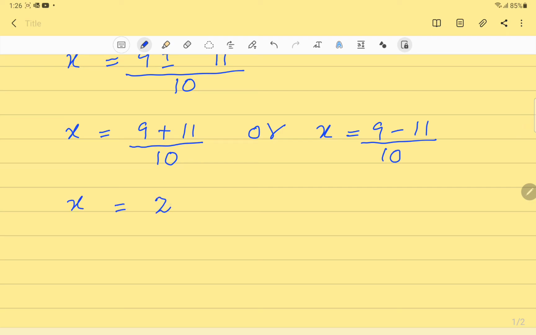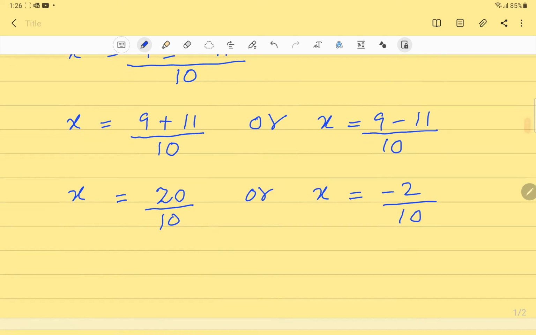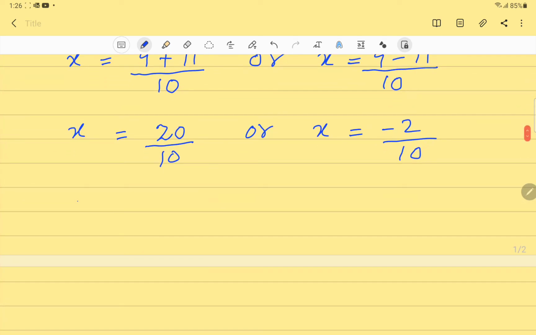9 plus 11 is 20, and 9 minus 11 is minus 2. So the final value of x is equal to either 2 or minus 1 over 5.